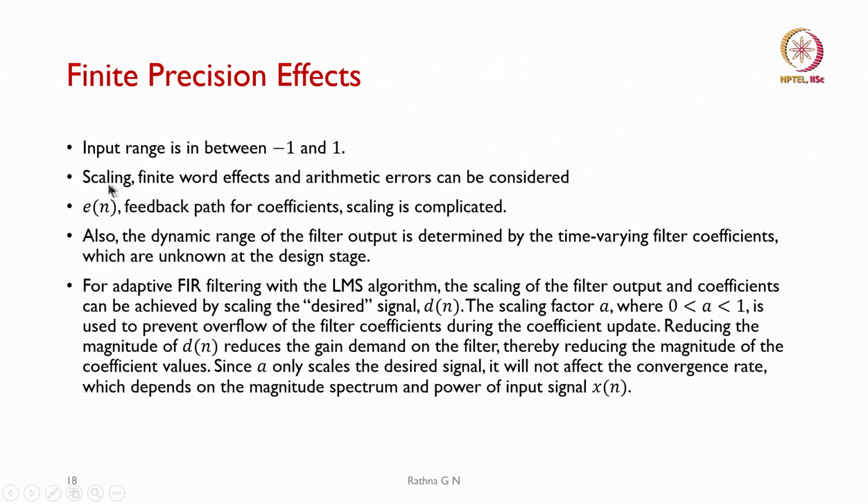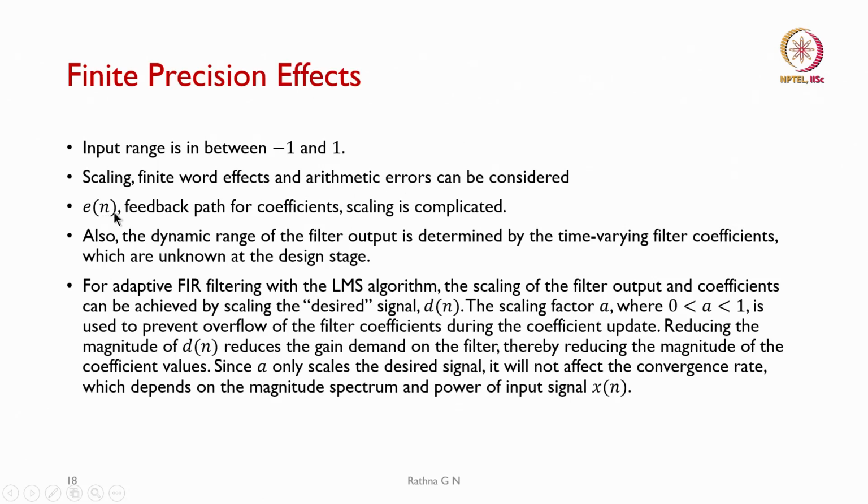We will take care of the scaling and the finite word effects in representing our coefficients; even mu has to be approximated, and the additional errors have to be considered.